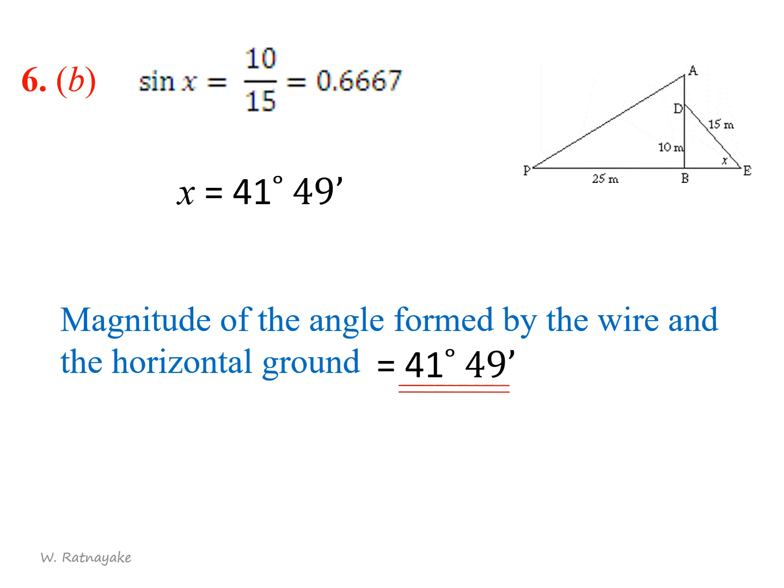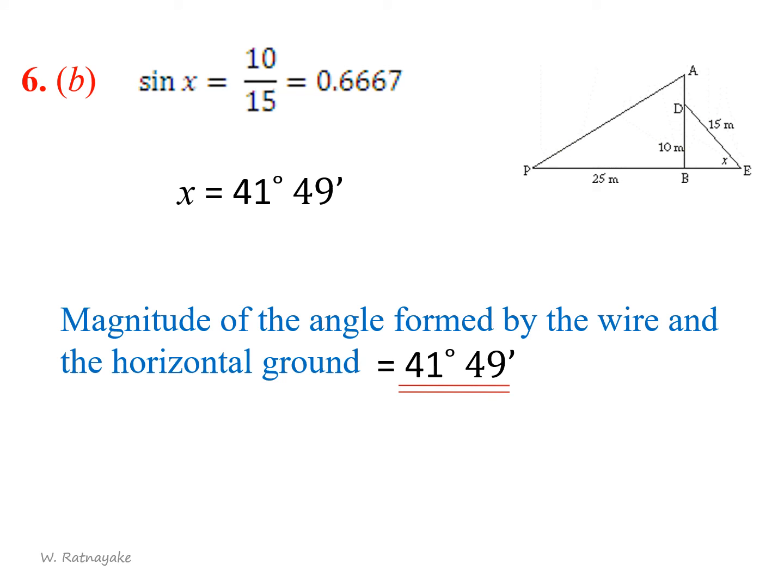That was in part A. There the angle was given as 32 degrees and 40 minutes, and one side is given as 25 meters. We have to find the length of AB, or the height of the tower. So that is one part.